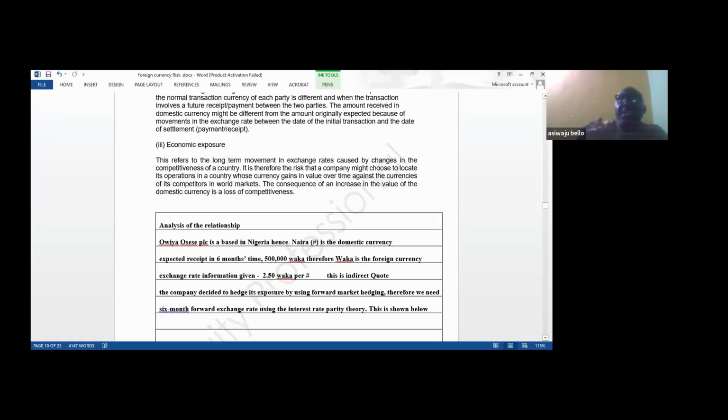It is the risk that a company may choose to locate its operation in a country where currency gains value. If you look, some companies in Nigeria have moved to Ghana. For example, Dunlop PLC has relocated to Ghana. Why?